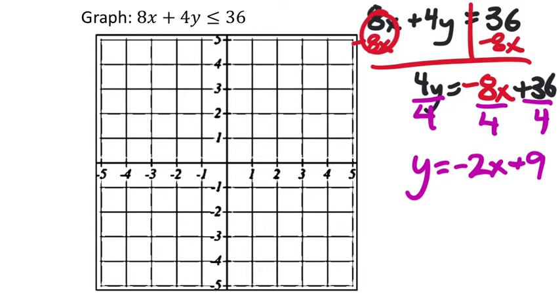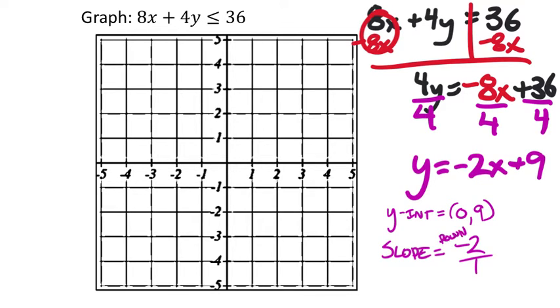I don't really care that it's less than or equal to right now, but I can put this on the graph, right? So just from the equation, I know that my y-intercept is 0, 9, because of the plus 9 right there. And then my slope, and this is important too, is showing as -2. I'm going to show it as -2 over 1. That way I know to go down 2 and then to the right 1 from that ordered pair.